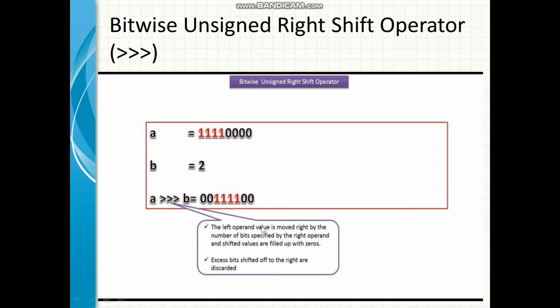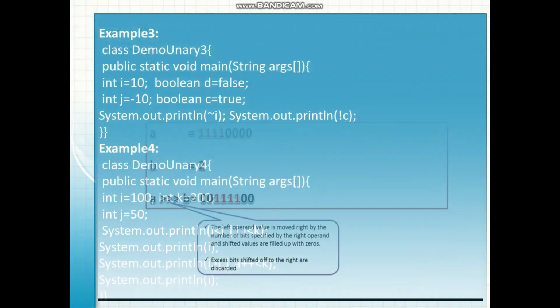So the left operand value is moved right by the number of bits specified by the right operand, and shifted values are filled with zeros. The same thing here. So here this is shifted, these two will be removed and it will be filled here. So the only difference is this is unsigned, so you don't have any extra bit for plus or minus.